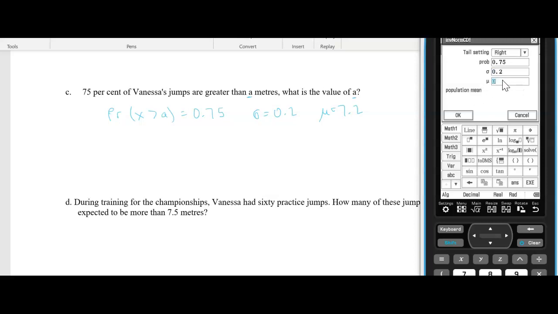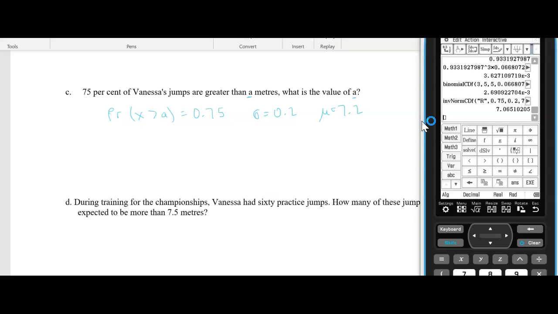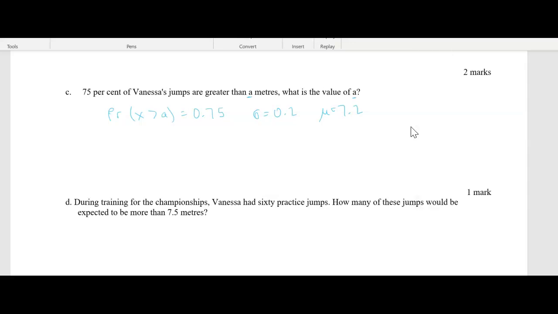And the mean is 7.2. So the value of A is 7 point, and we should probably do it to 1 decimal place, because the mean is to 1 decimal place.